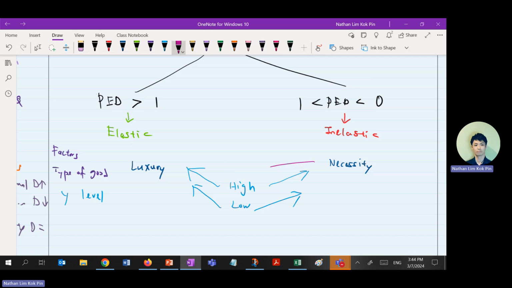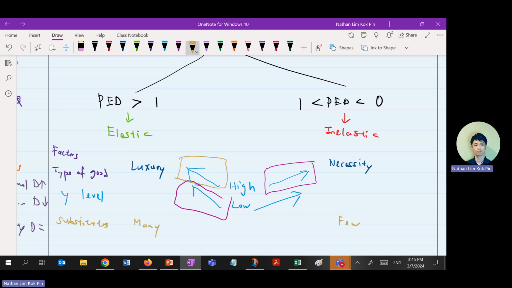If you link to substitutes, which is our next factor, it will be elastic. Many substitutes are elastic, and very few substitutes are inelastic. If you link high income group to the textbook, then low income group, they are elastic.